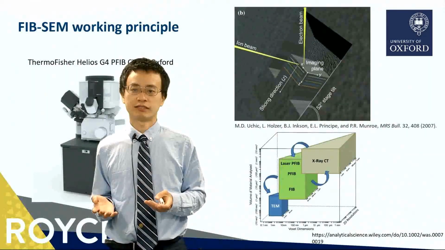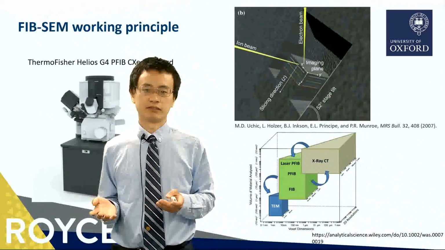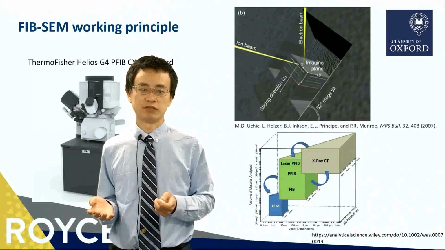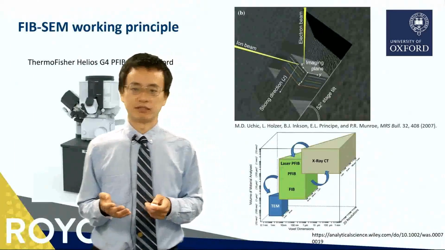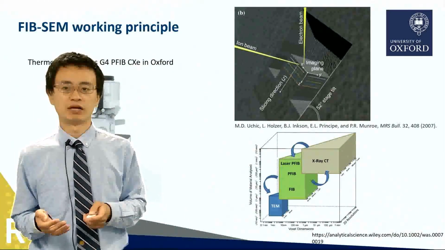As a special technique inside the SEM, plasma FIB has a certain dimensions which is best for use. It is kind of in between of X-ray CT and TEM. The best dimensions for it is between 0.1 microns to about 100 microns.